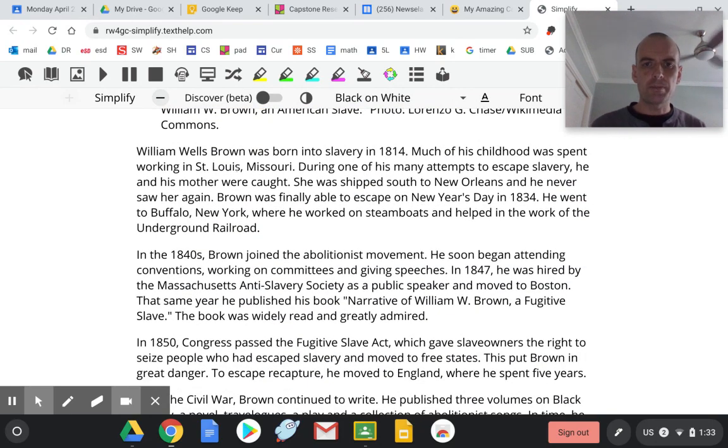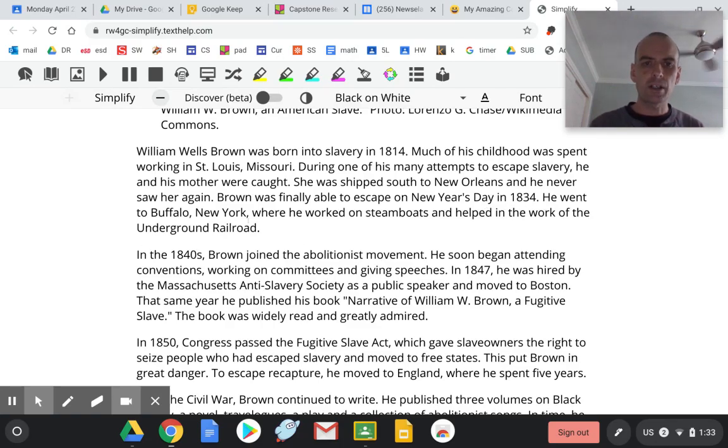William Wells Brown was born into slavery in 1814. Much of his childhood was spent working in St. Louis, Missouri. During one of his many attempts to escape slavery, he and his mother were caught. She was shipped south to New Orleans, and he never saw her again. Brown was finally able to escape on New Year's Day, 1834.